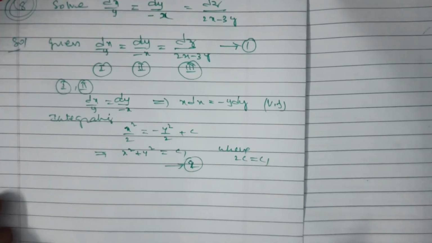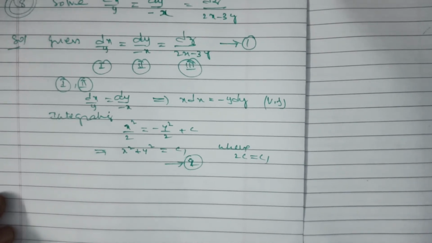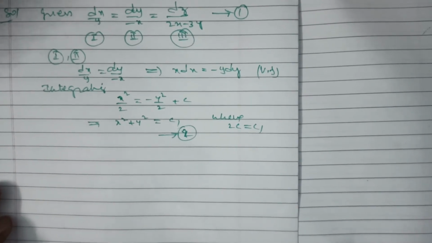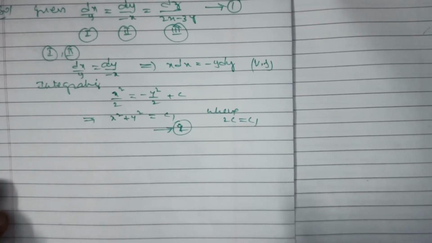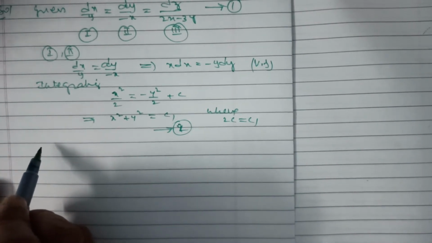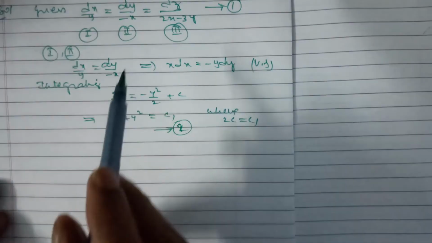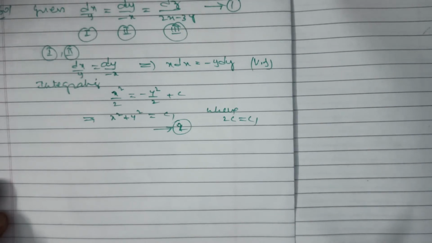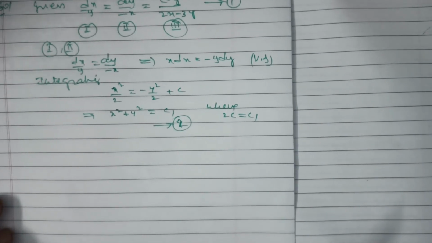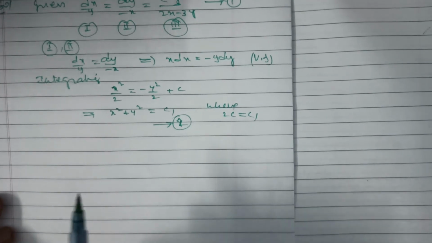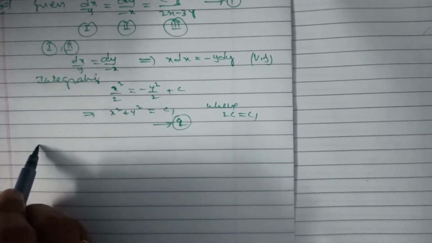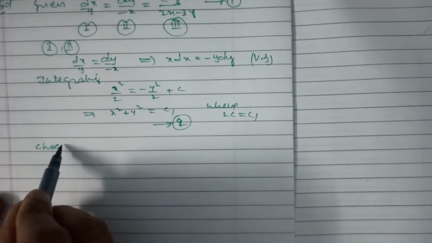See that applying the grouping itself is possible. Suppose we have to apply the grouping; if it is not possible, then we have the multipliers. To find the second solution, it is not easy to take any set of two ratios to get a variable separable form, so we will go for multipliers.